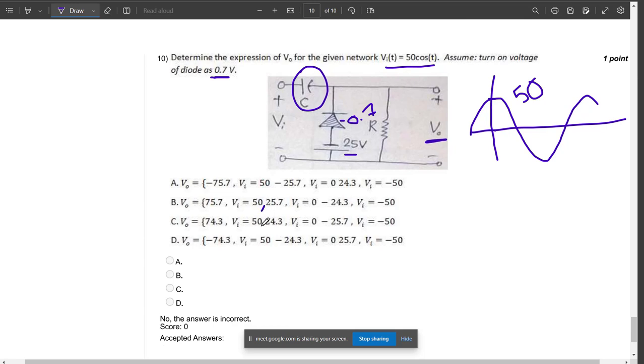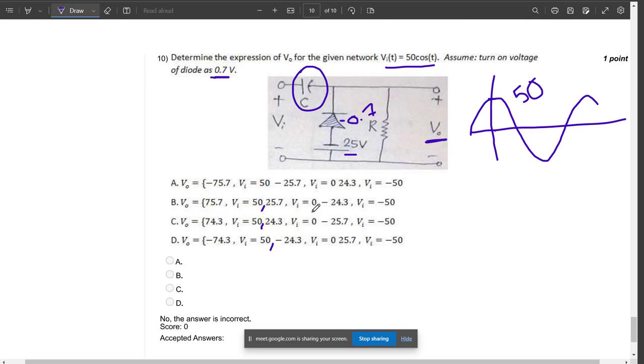Here is a comma, this is a comma. Okay. It should be plus, ma'am, I guess, instead of comma. No, no, this is Vi. That's a comma only, because it's when Vi is equal to 50, what is the VO value?